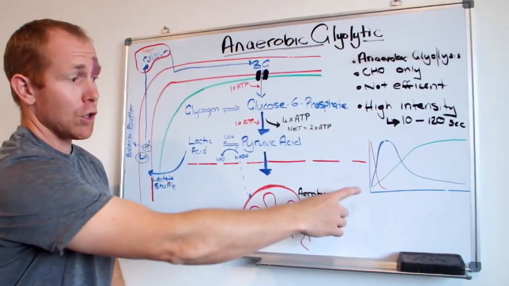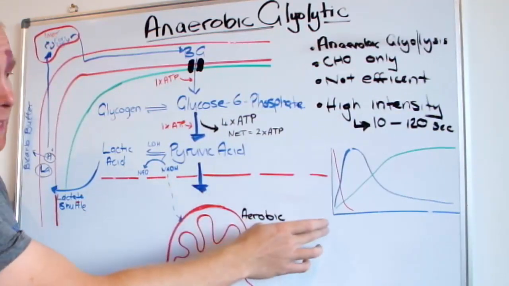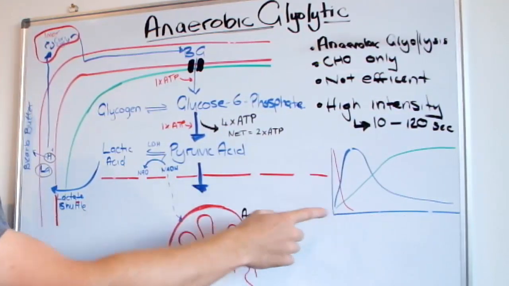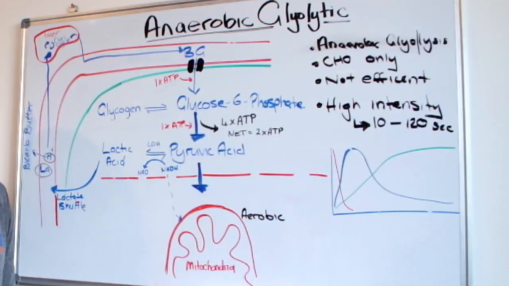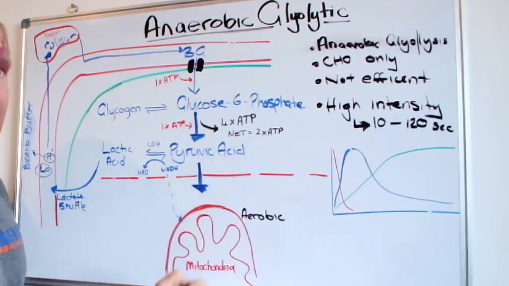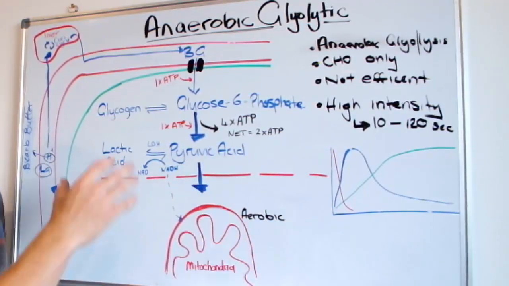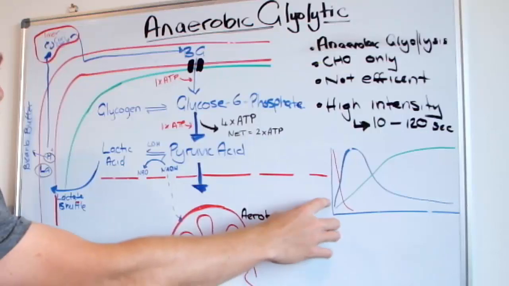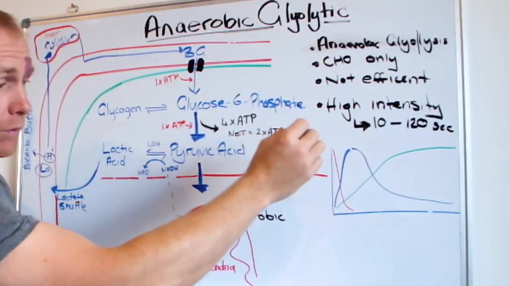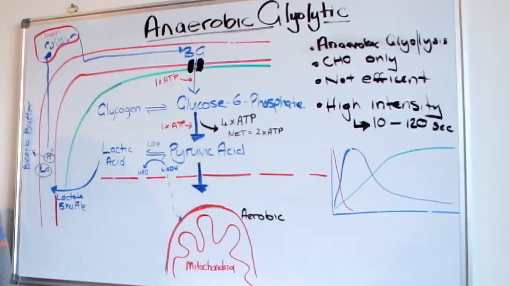So if you look over at this graph here, thinking about energy production up the side here, time along the bottom, this red line can be thought about as our ATP PCR energy system. We get a lot of energy very quickly, but it doesn't last very long. This blue line here kind of picks up, and this is that anaerobic glycolytic energy system. We get quite a lot of energy relatively quickly, but you can see again it doesn't last all that long as well.